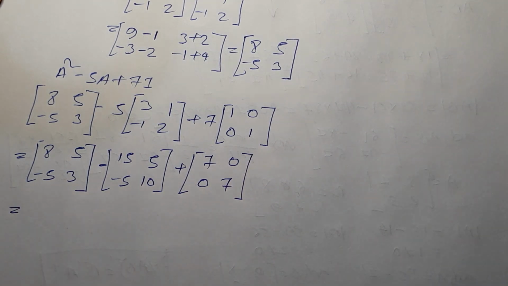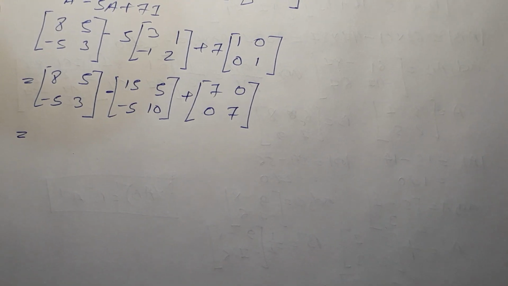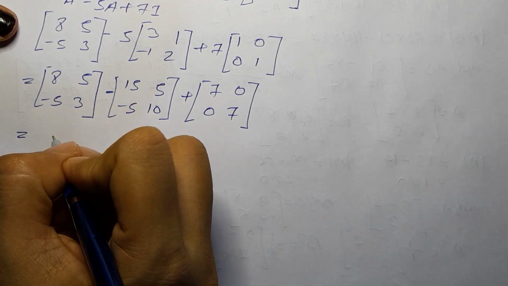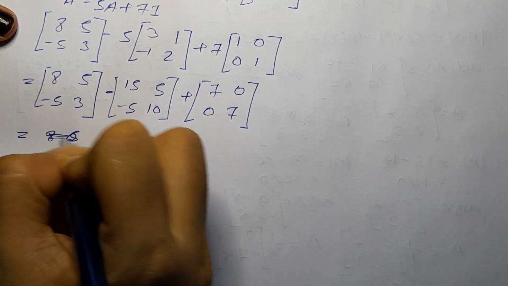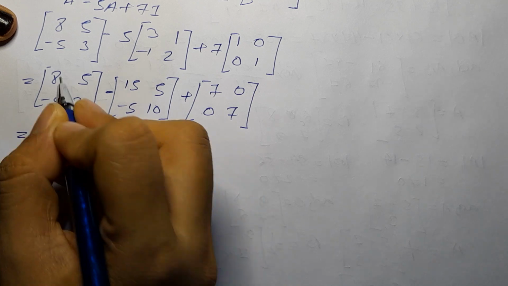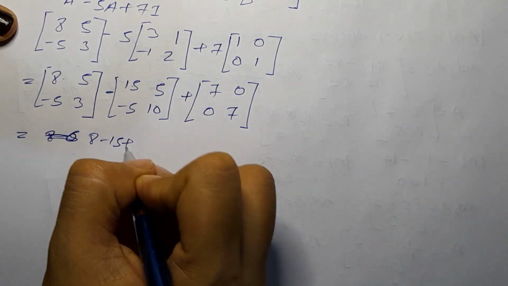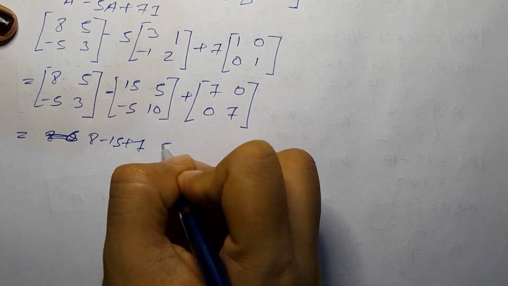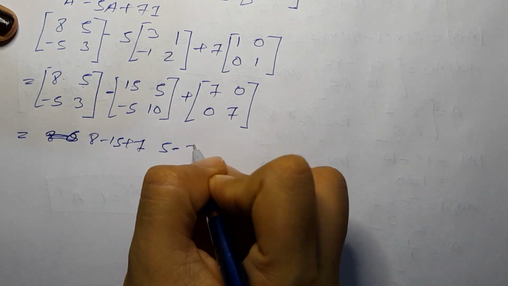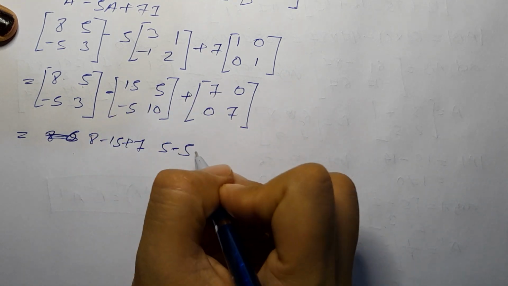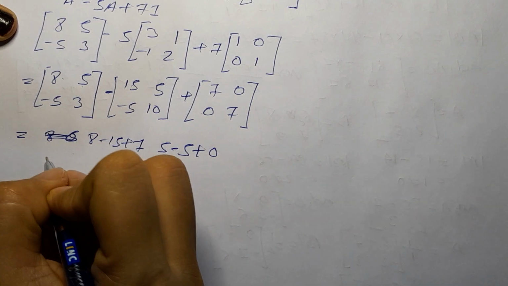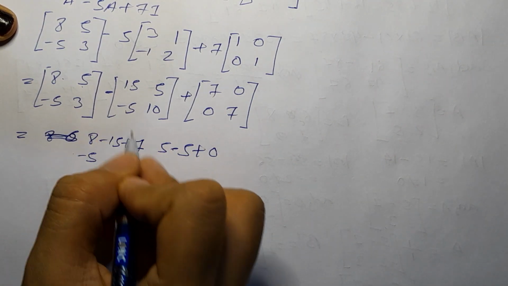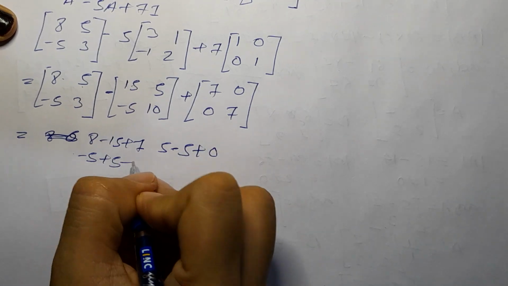So now add all these numbers together. So it will give 8 minus 15 plus 7, the first position. Now 5 minus 5, because this is the minus sign, plus 0. So minus 5, minus and minus become plus 5, plus 0.